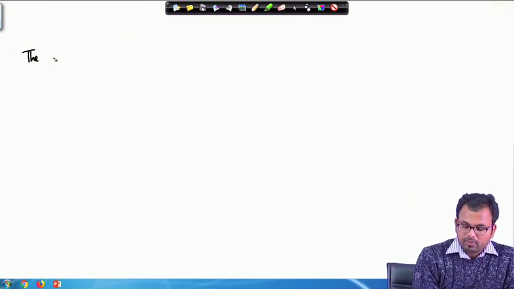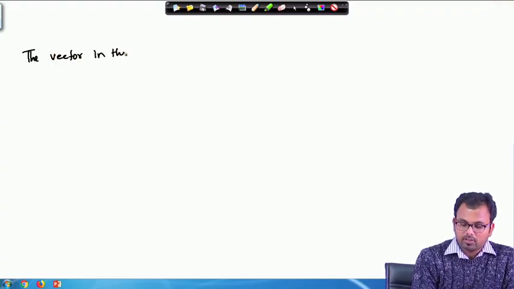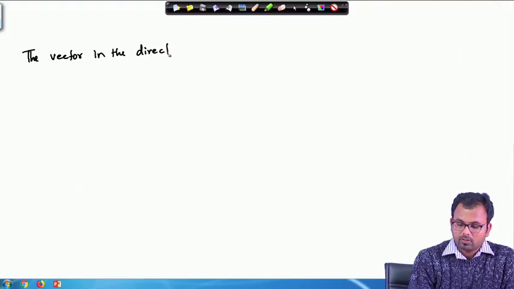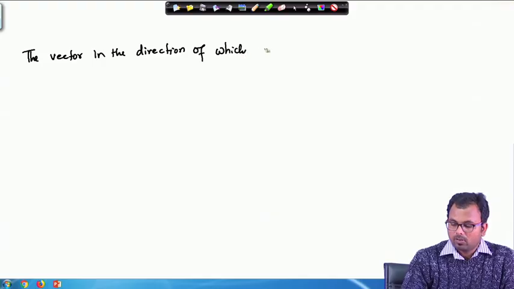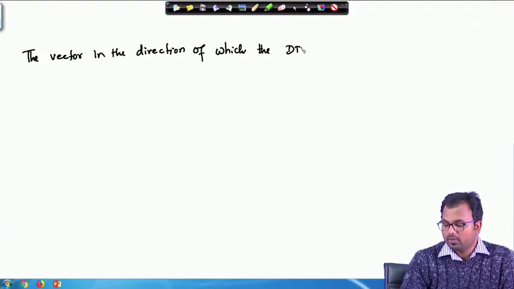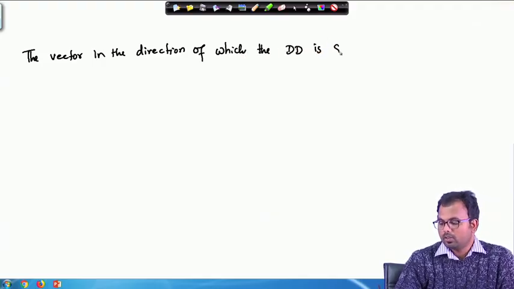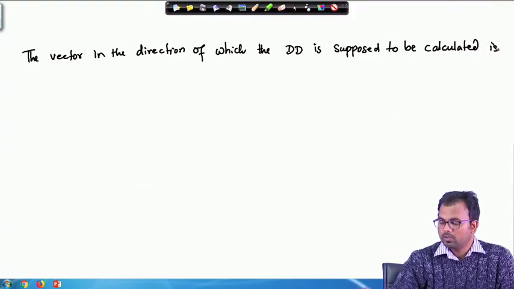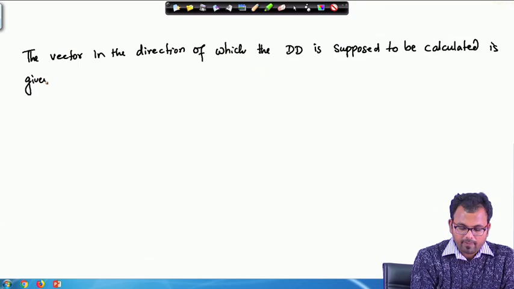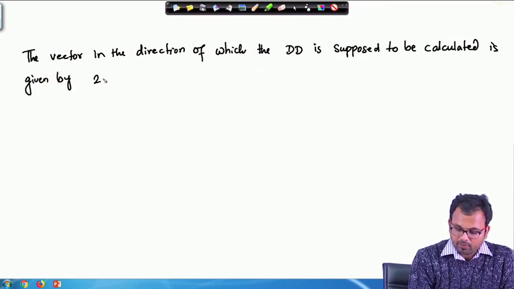So the vector in the direction of which the directional derivative is supposed to be calculated is 2i minus j minus 2k.